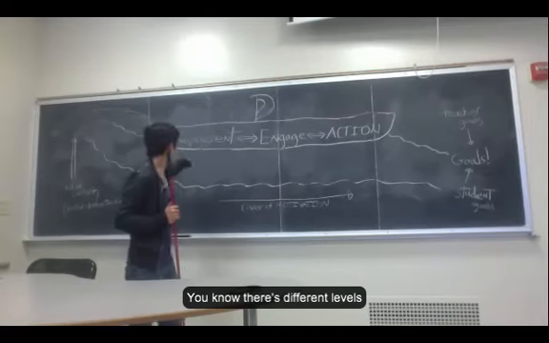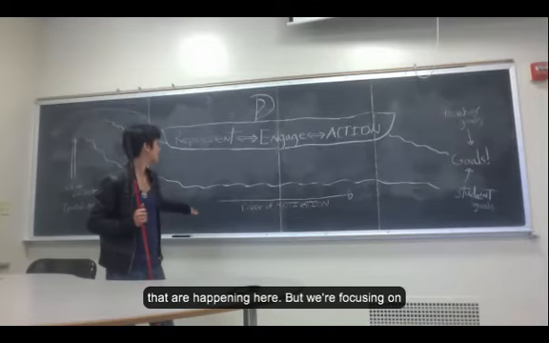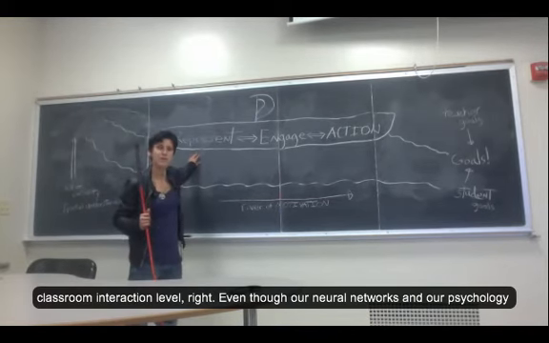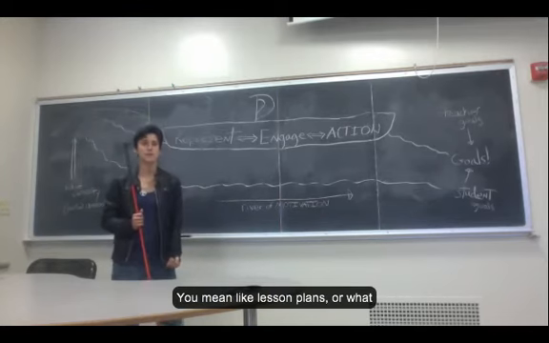There are different levels happening here, but we're focusing on the classroom interaction level, right? Even though our neural networks and our psychology reflect this, what do we design as teachers?